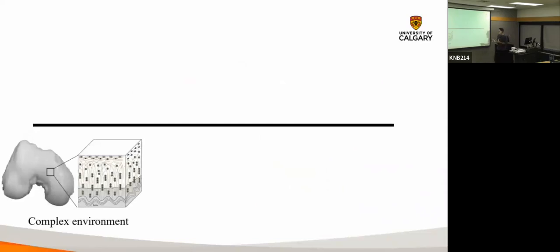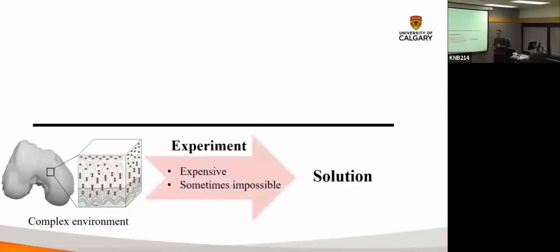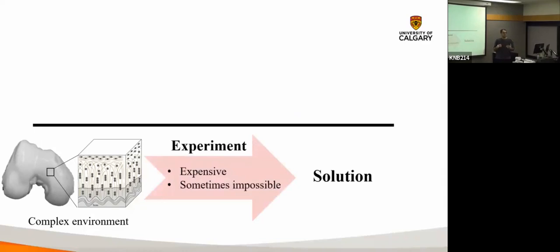For a complex environment like cartilage that has fibers, cells, fluid, and solid, there always are some problems, some insight that we want to have from this complex environment, and some problems that we want to predict. One way is to choose experiment to get the solution to the problem, whatever the problem is.